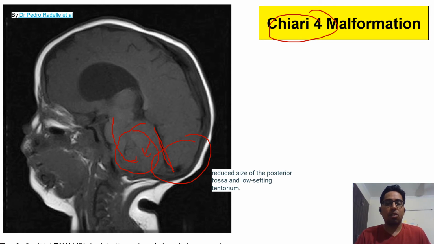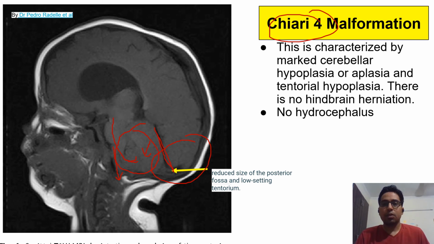You can see there is a lot of compression over the brainstem. This is characterized by marked cerebellar hypoplasia or aplasia and tentorial hypoplasia. But there is no hindbrain herniation.